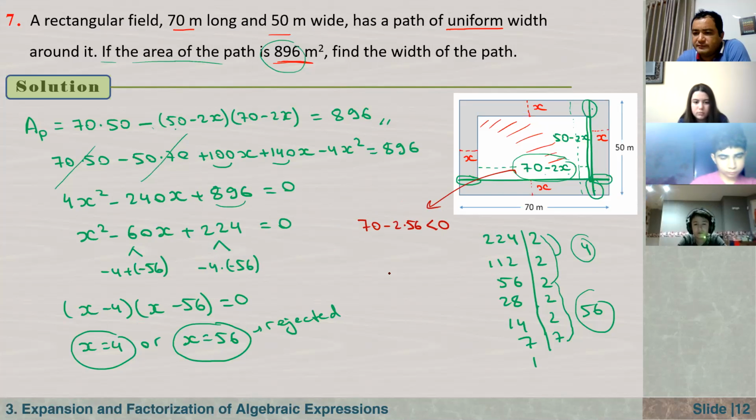It is a negative number, right? So this 56 cannot be the answer because we don't use negative numbers to measure the length. So that is rejected. The answer is 4. So everything is in meters. The width of the path around the rectangular area is, what is it? That is 4 meters.